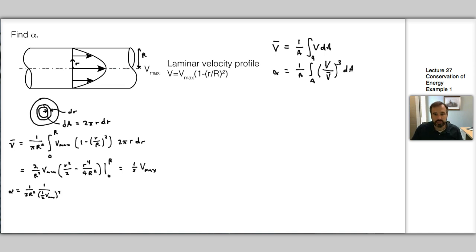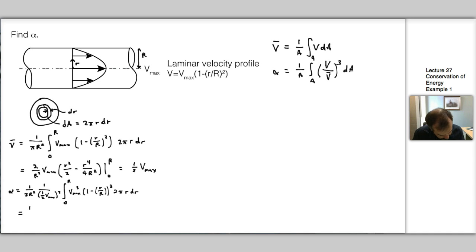Because that's not dependent on r, we can pull that out of the integral, times the integral from 0 to R of V max cubed times (1 minus r over R squared) cubed times 2 pi r dr. Okay? All right, so we could rearrange that pretty easily and get something that looks a little bit more easily managed.